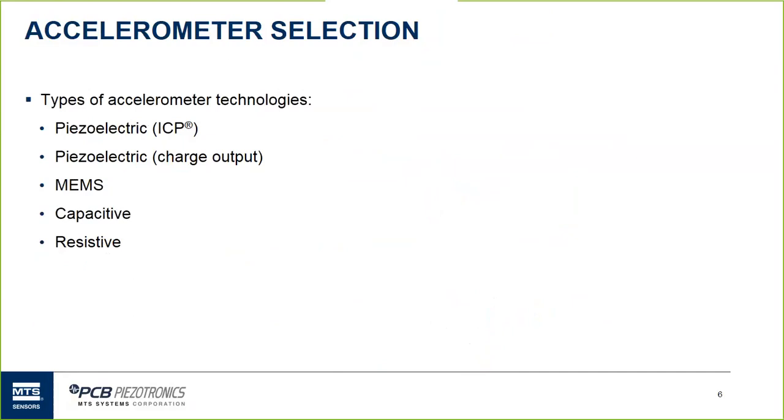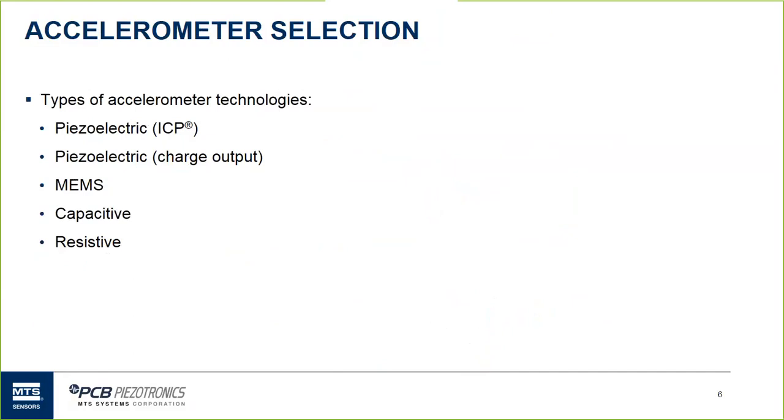Then piezoelectric sensors that are charge output, typically used for higher temperature applications. Then MEMS-based accelerometers, which are designed predominantly for your constant or low frequency applications. Capacitive accelerometers, and resistive element accelerometers. So those are the types of technologies that are available to you.